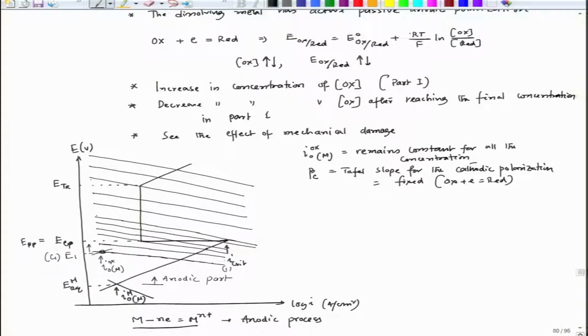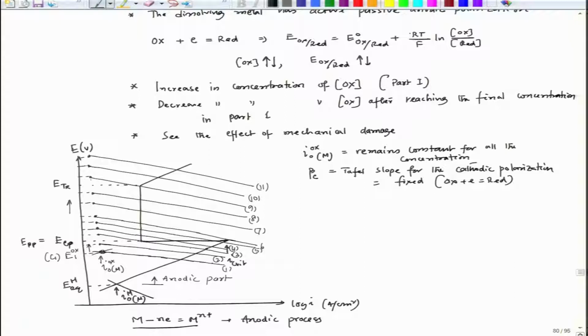Correspondingly this point will shift, but there will be no change in the I0, that was the assumption we have taken, and E ox equilibrium will keep on increasing because we are increasing the concentration, and beta remains same.